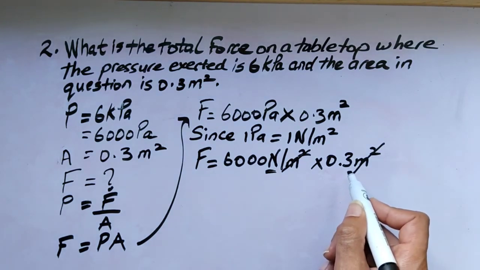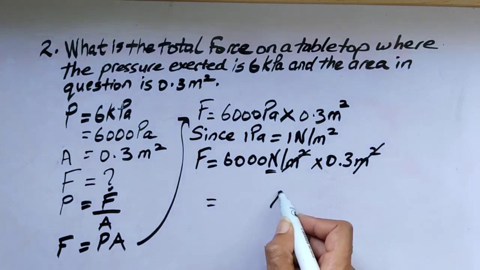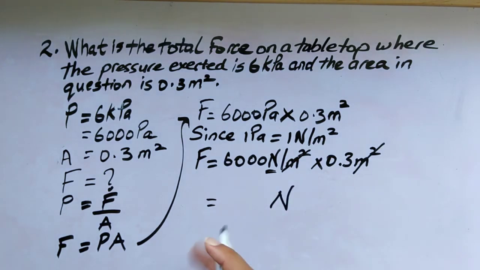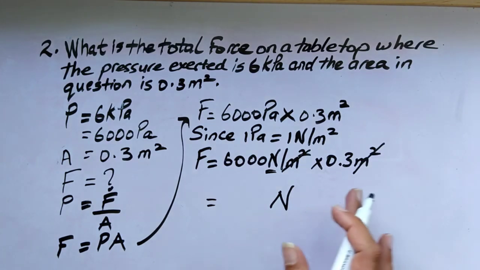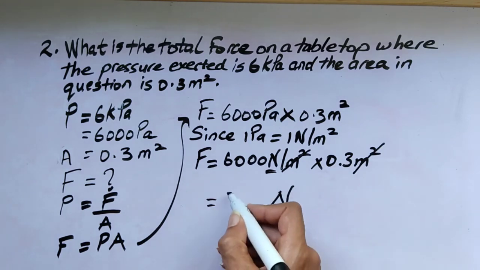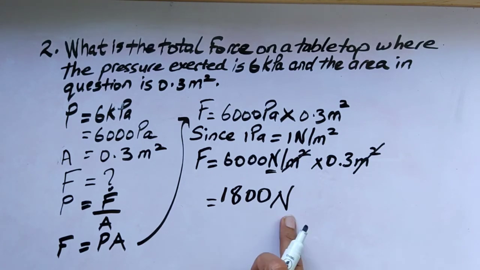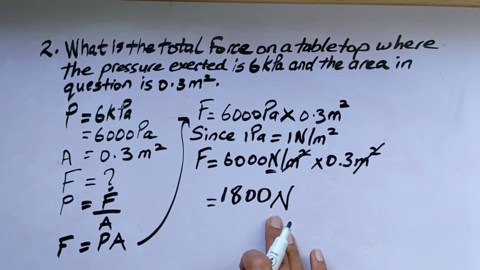So we have an answer in newtons, and we have 6,000 multiplied by 0.3. That should work out to 1800 newtons. Should we leave this answer as 1800 newtons, or should we rewrite this with respect to the most appropriate SI prefix?